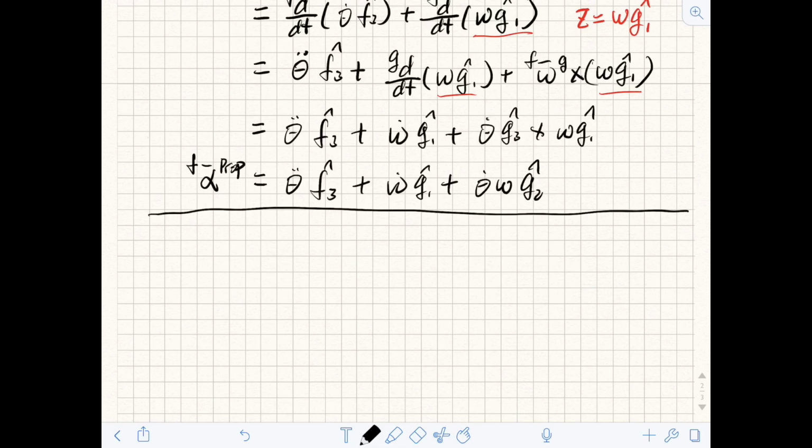Notice some properties that we have for the angular velocity. Earlier we said if we want to find the angular velocity of the propeller in the F frame, we can decompose that into two simple rotations.